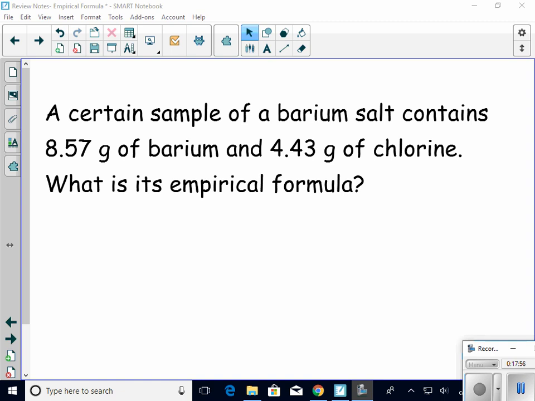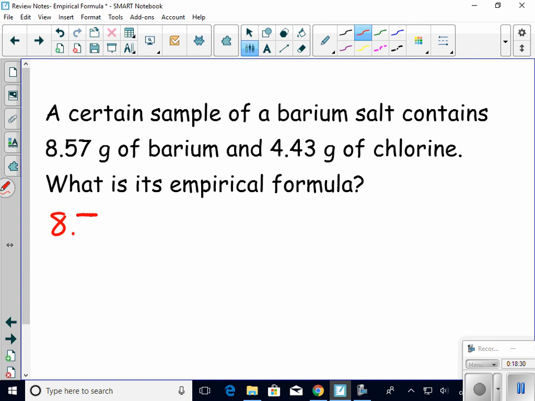Now, I'm given grams, correct? I'm given grams, so I don't have to assume that this is 100% of anything. I just take the value of the grams that I have been given. So I take the 8.57 grams of barium.